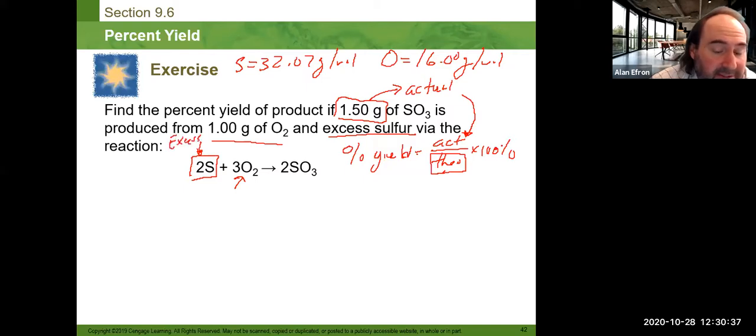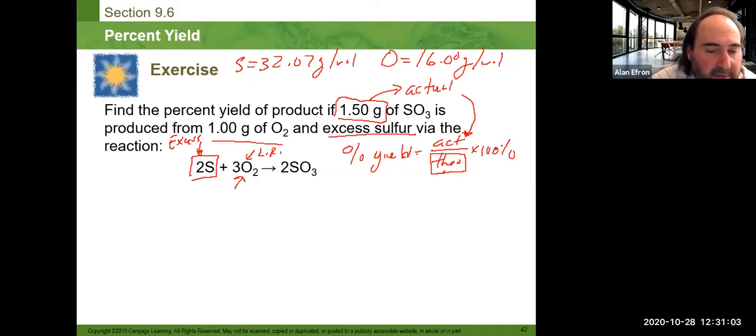Basically told us that the sulfur was in excess. By default, what that would mean is our oxygen is our limiting reagent. So just by the way the problem is written, they actually did the limiting reagent part for us. They basically told us that the oxygen is the limiting reagent and we don't have to worry about the sulfur, and that's why we don't have any numbers given to us.